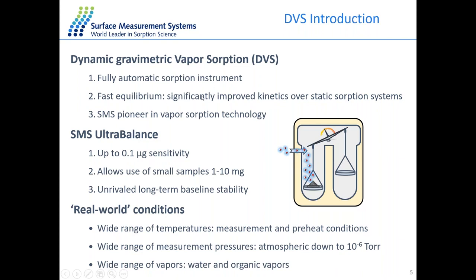Compared to the static method, the DVS method has a continuous flow of the probe molecule to the sample in a dynamic mode, so we can achieve a much faster equilibrium. The experiment can also be performed at real-world conditions at ambient temperature and pressure, which means we can simulate the conditions during the application of the product to get more practical results for research and development.